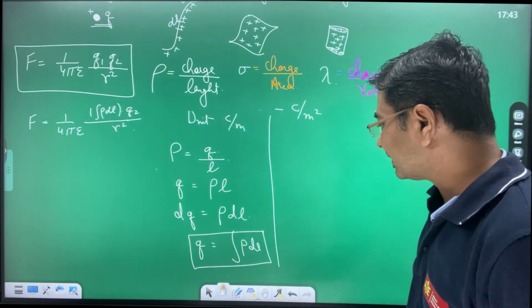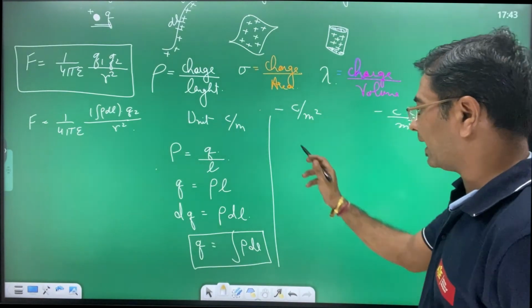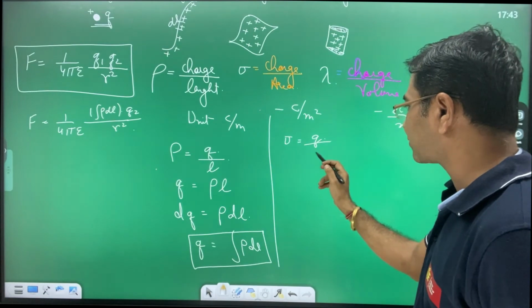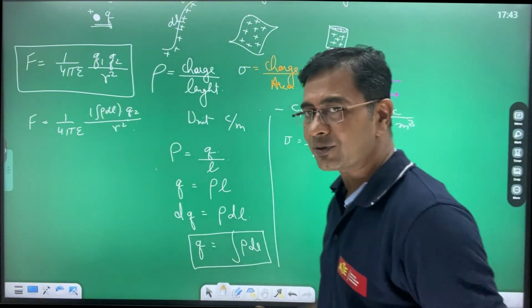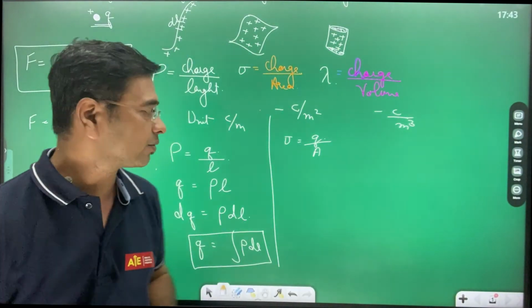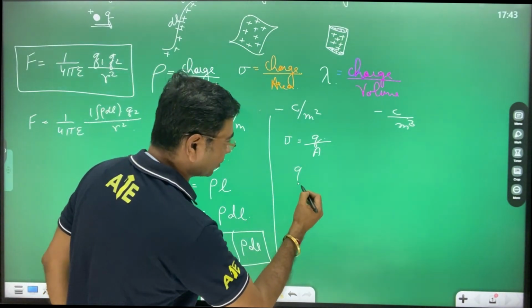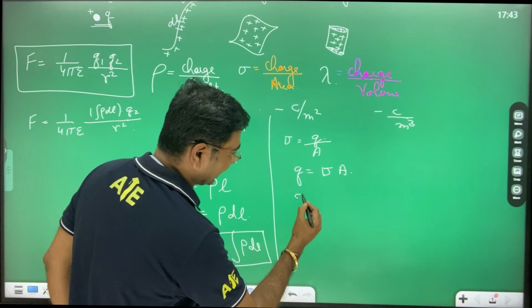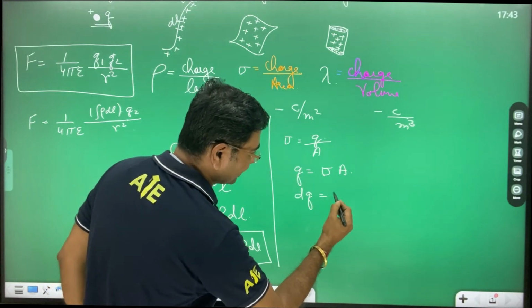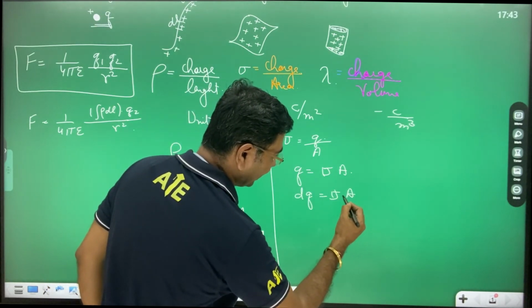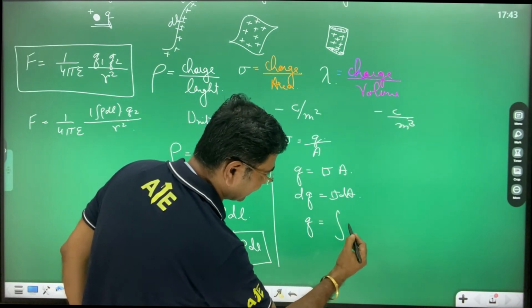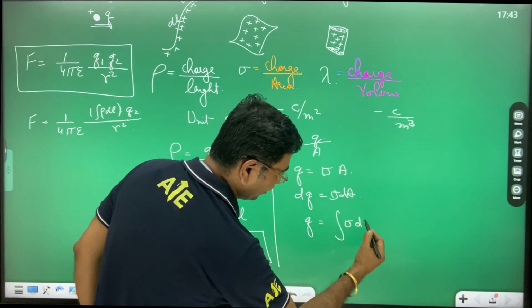Exactly in the same way, what happens in case of an area? So I will write sigma as charge per unit area. Sometimes you write A, sometimes you write S, whatever you want you can put. So Q is equal to sigma into A, and therefore let us take an elementary area. If you consider that elementary area, that is dA, and integrating both sides, I will say this as integration of sigma into dA.